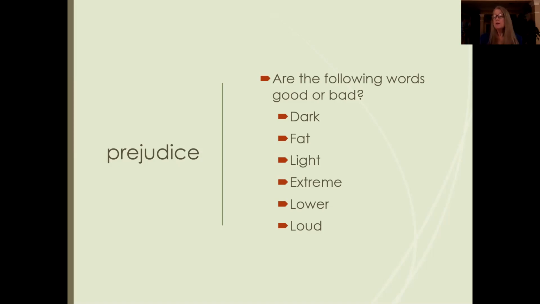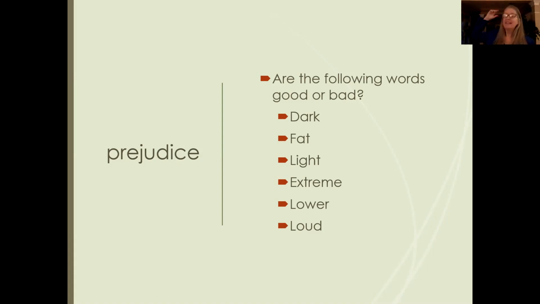And what people who believe in classical conditioning, or what psychologists believe, is that these words have been associated with things that are good or bad many, many times. So either you've been reading, and in the stories, dark is bad, light is good, lower is bad, loud is bad. So these things are appearing together in sentences. And maybe you're watching a lot of movies, and in movies, having a black hat, that's a cue to you that it's the bad guy.